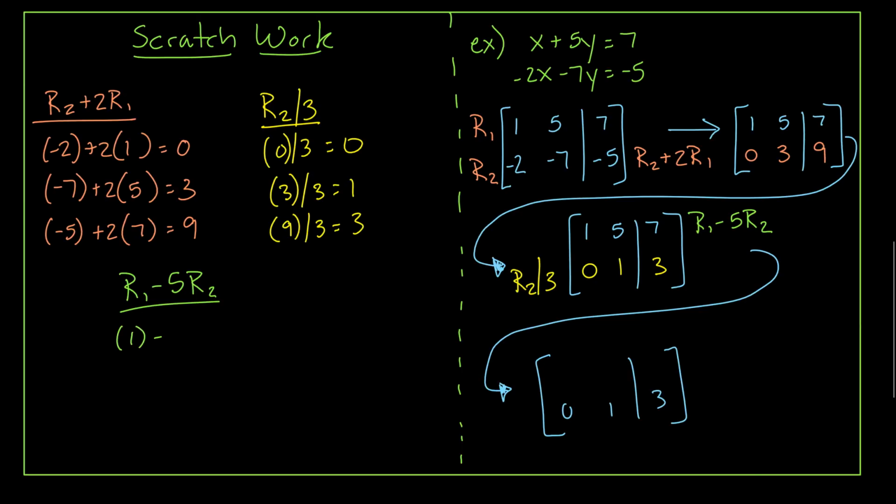So 1 minus 5 times, what's the x value for row 2? 0. What's 1 minus 0? Oh, so it stayed the same, which is good. We need that one. And then our row 1 y value is 5 minus 5 times our row 2 value, which is 1. So what is 5 minus 5? 0.